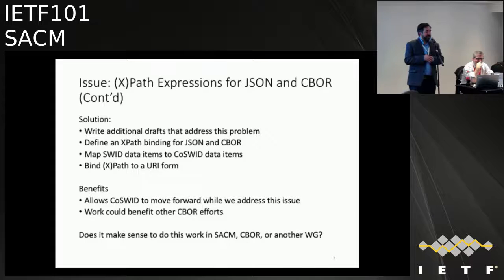By doing this separately, we believe it'll allow us to move CoSWID forward. We can basically say that a specific path expression is not yet defined in CoSWID, but will be defined later. And we believe that doing this would actually benefit a few of the other CBOR and JSON-related efforts.